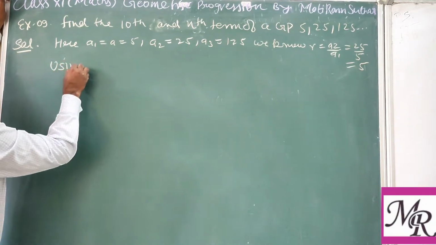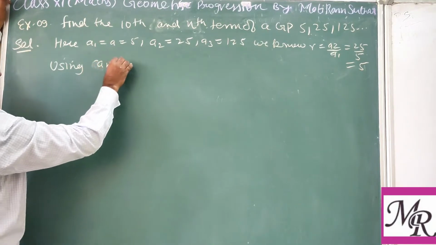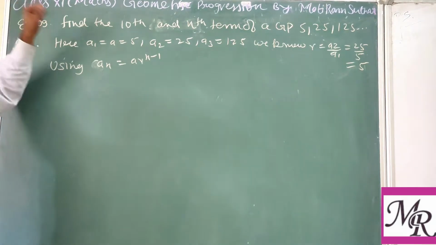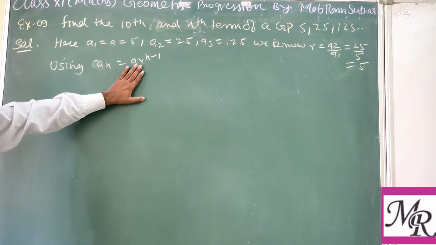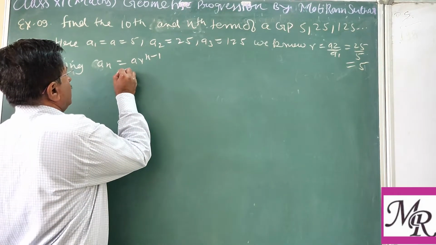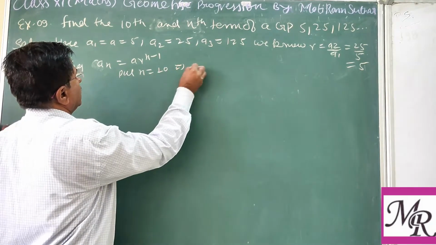So to find the nth term of the GP, we use the formula An equal to A R power n minus 1. So for the 10th term we put n equal to 10, that is A10.